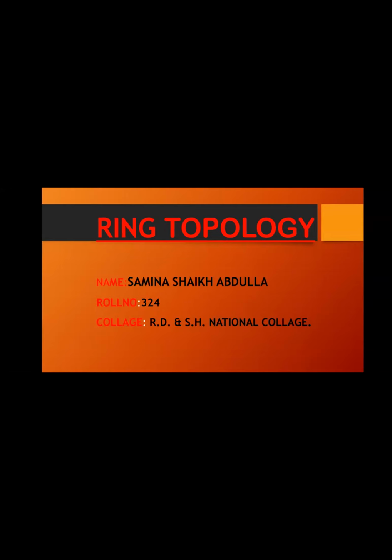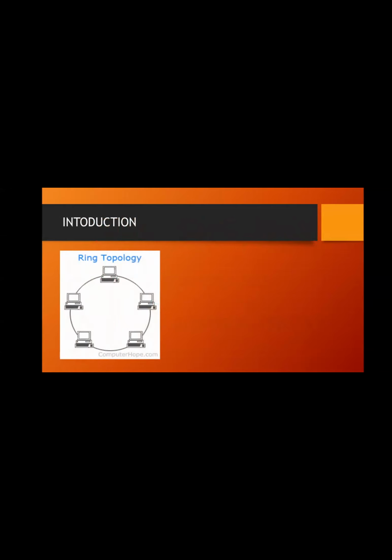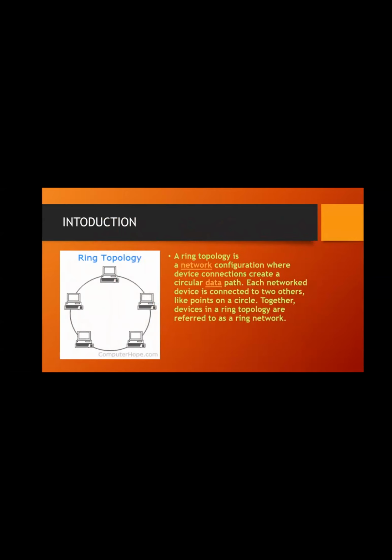My name is Sheikh Samin Abdullah. Roll number is 324. My topic is ring topology. Introduction. A ring topology is a network configuration where device connections create a circular data path. Each network device is connected to two others, like points on a circle. Together, devices in a ring topology are referred to as a ring network.